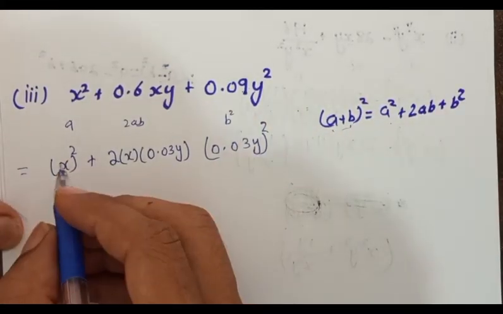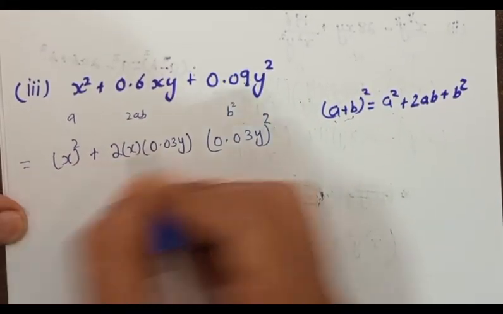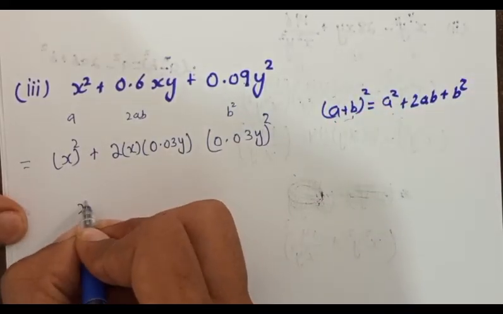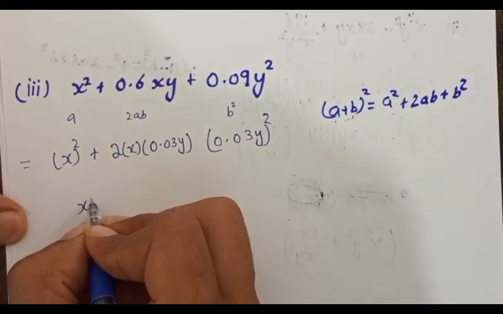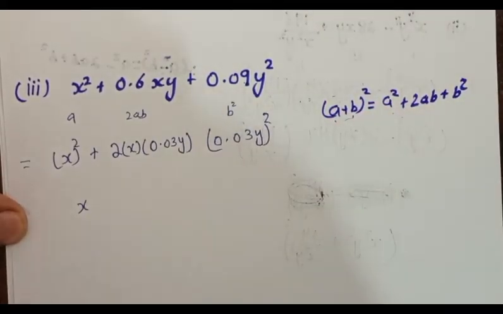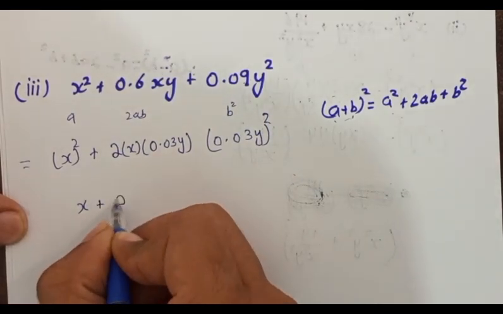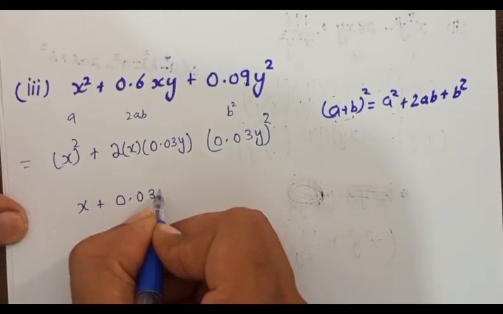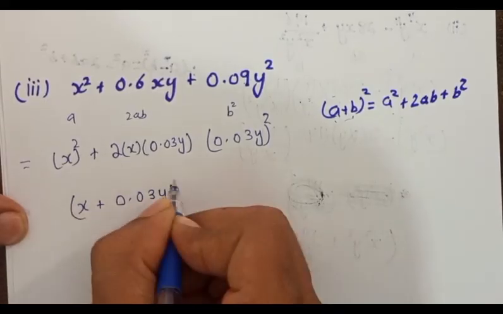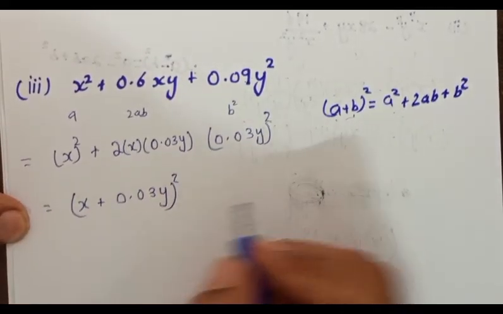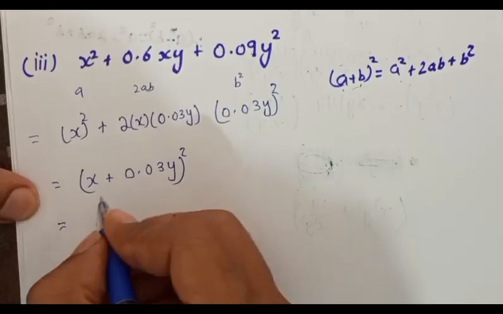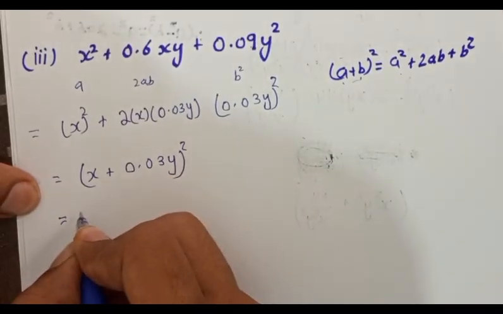For that I will write, what is my a? A is my x plus, and b is my 0.03y, all square. I can also expand it for finishing the square.